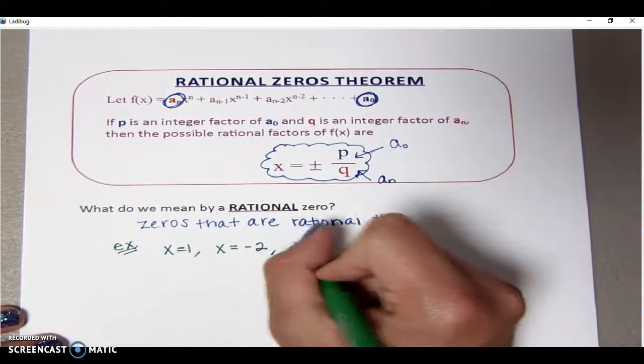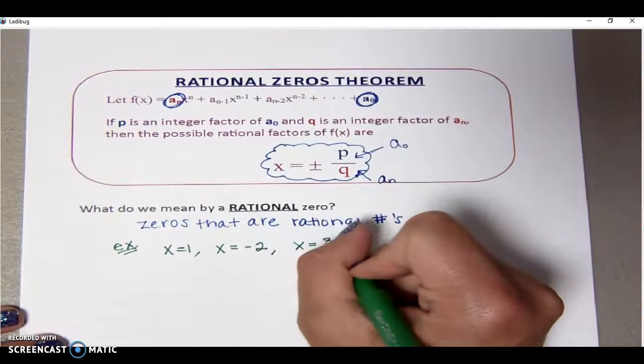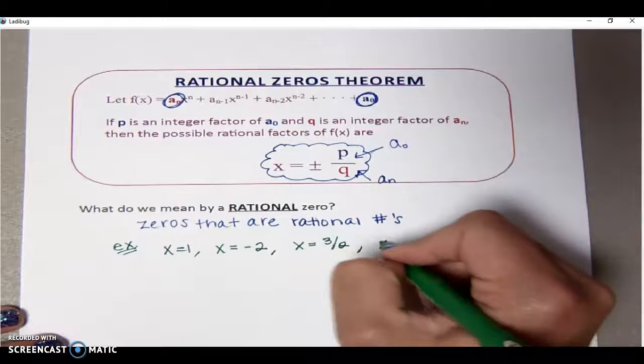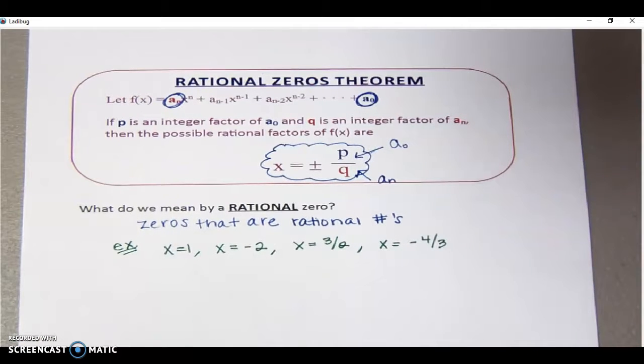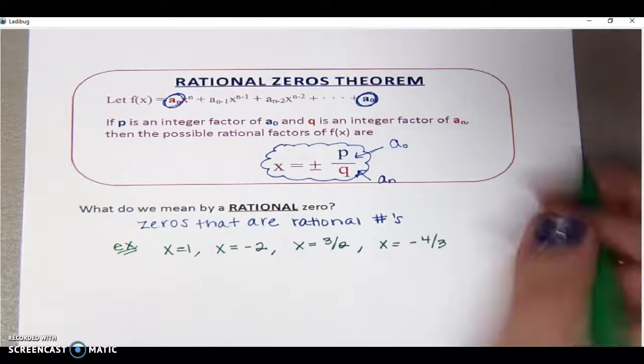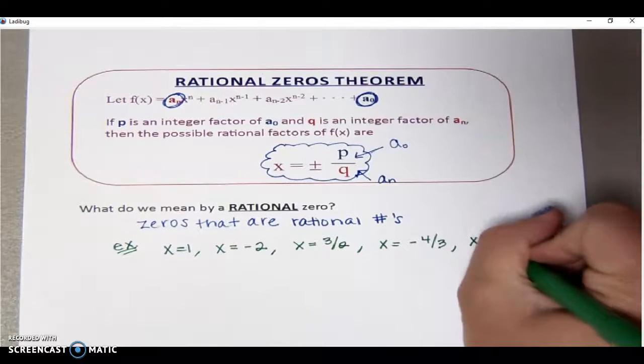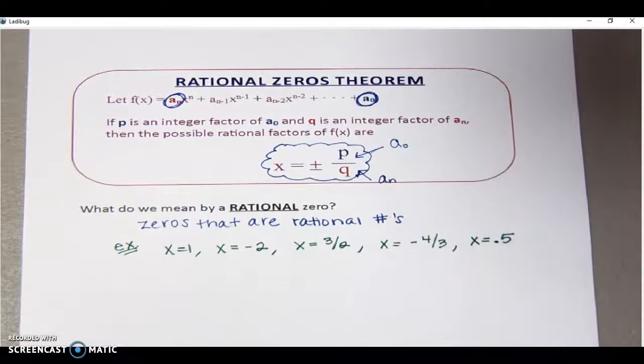And then your fractions, so x equals 3/2, x equals -4/3. Anything that you can write as a fraction. So if you have 0.5, that will work because you can write it as 1/2. But if you have something like 0.123457, something that's not going to change into a fraction, that would not be a rational number.